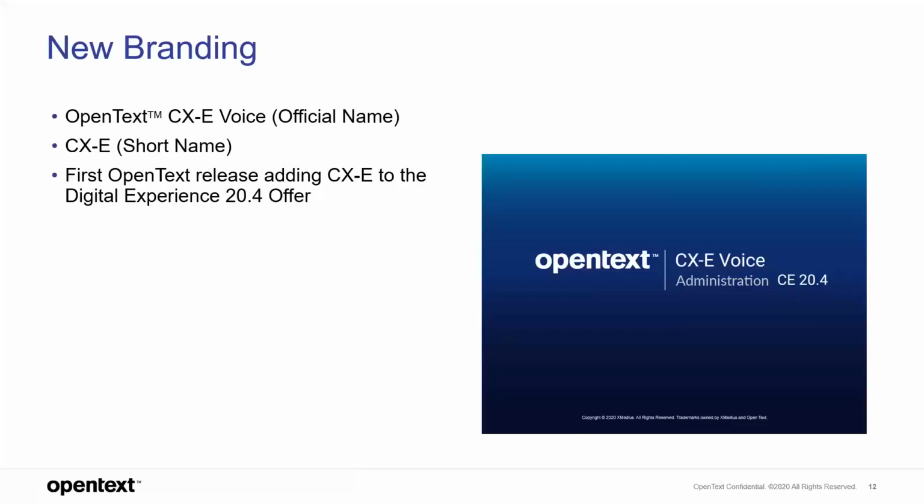The other thing I should explain is the CE moniker. It's CE 20.4, and CE stands for Cloud Edition. As OpenText releases products, it's very important for us to release versions that are cloud compatible, regardless of whether you actually deploy it in the cloud or use it in our cloud.